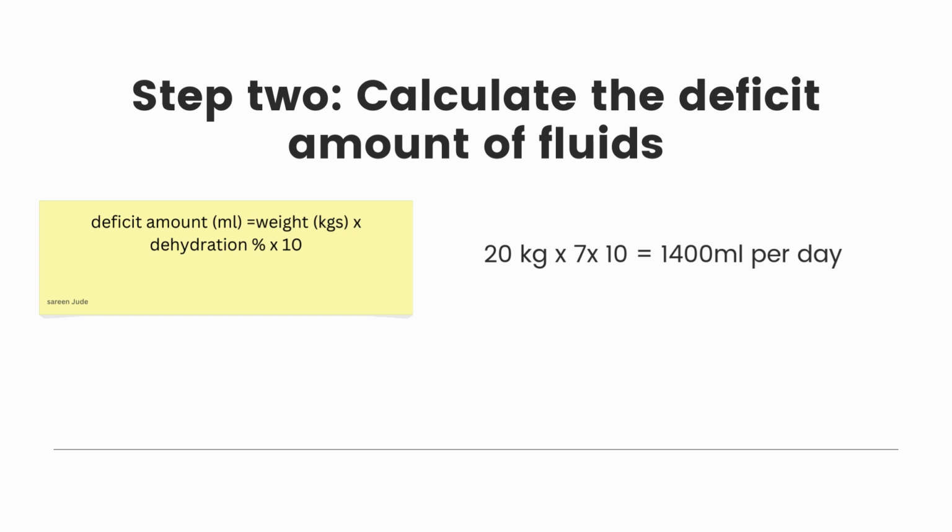In general, we're dividing dehydration into three stages: mild, moderate, and severe. Severe is going to be shock. The mild we count as less than 5% dehydration, the moderate is 5 to 7, whereas the severe, the shock, is more than 10% dehydration.